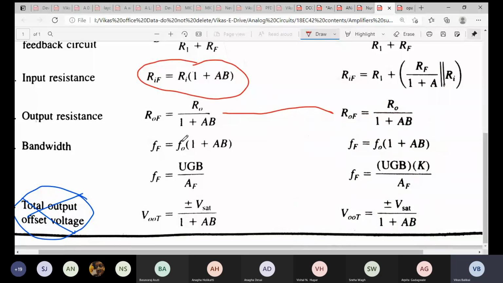Now, whether it was the inverting terminal or the non-inverting terminal, ultimately my input has gone to 0, or it has been eliminated. Hence my ROF value will be exactly the same for either the inverting configuration or the non-inverting configuration.